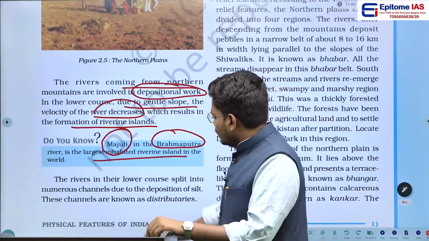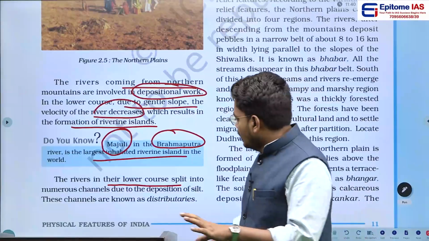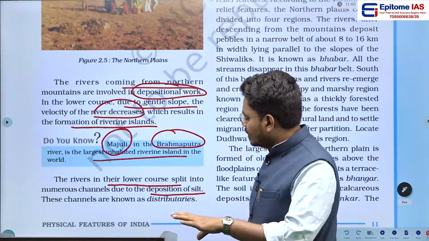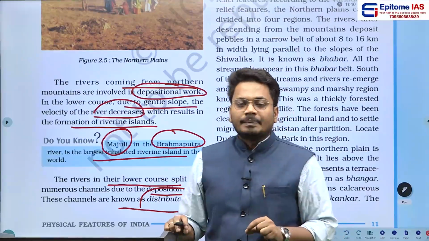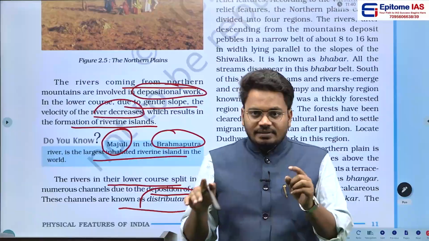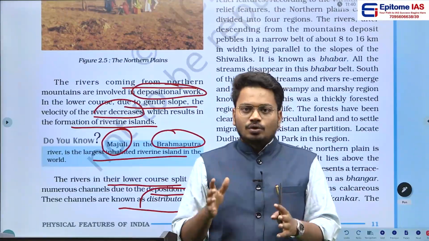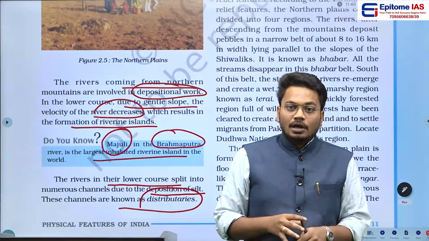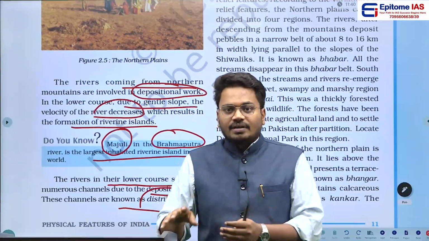Now, the rivers in their lower course split into numerous channels due to the deposition of silt. These channels are known as distributaries. This is also an important keyword. What is that? Distributary. Now, what is the difference between a distributary and a tributary? Tributaries are those river flows which come and join a main river.